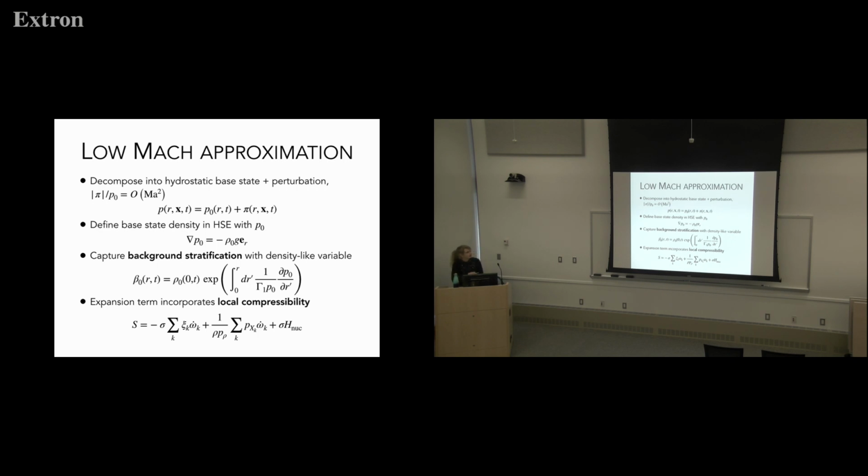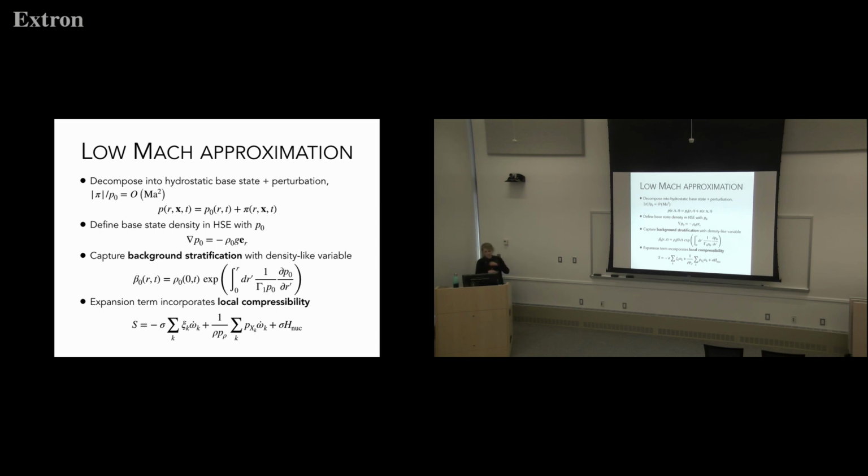So we have our pressure, and it's the sum of this background, which depends only on the vertical direction and time, and our perturbation, which depends on all spatial coordinates and time. Because we've defined our base state to be in hydrostatic equilibrium, this allows us to define a base state density, like so. In order to capture this background stratification, we also introduce this beta variable.